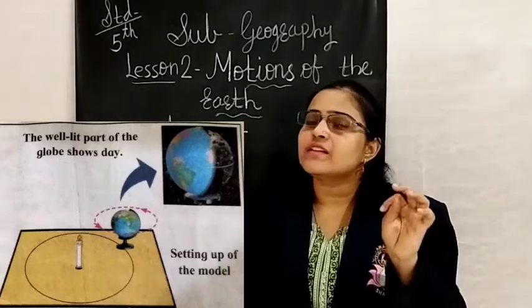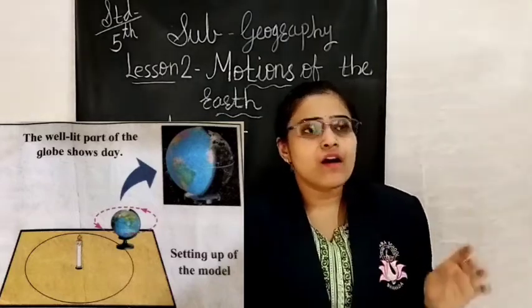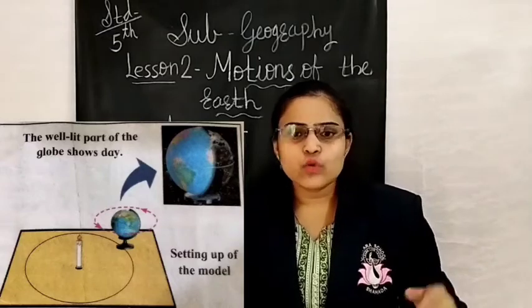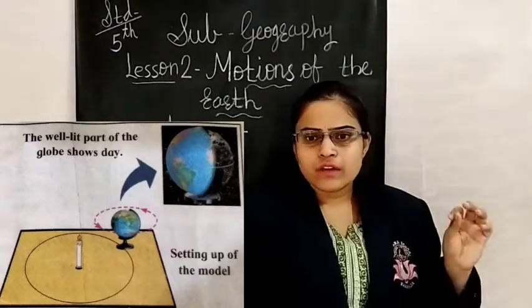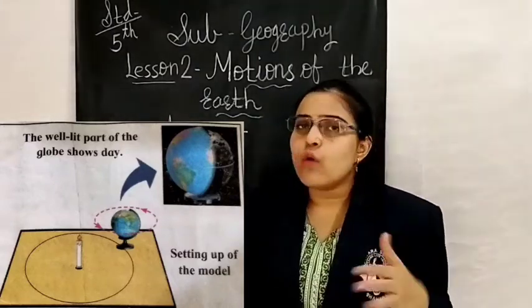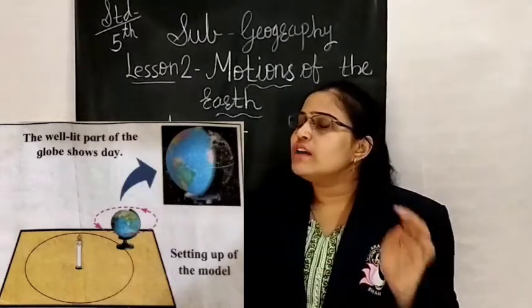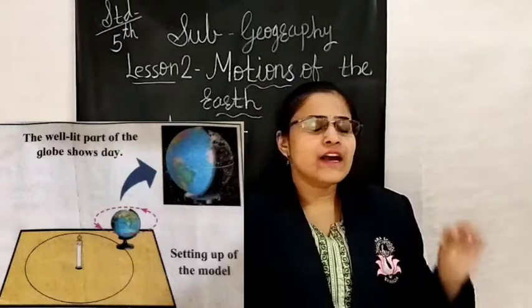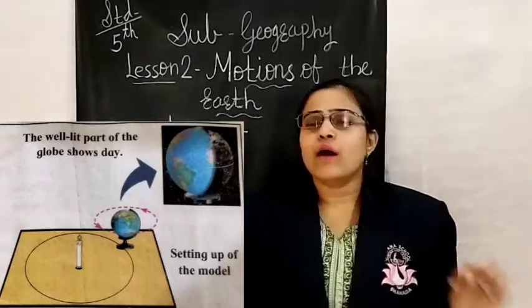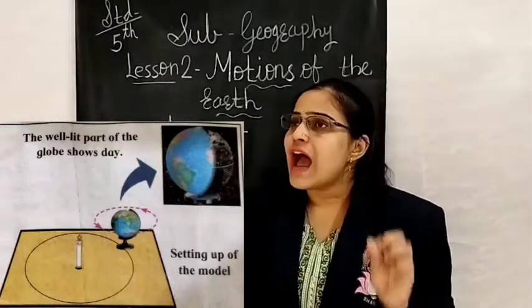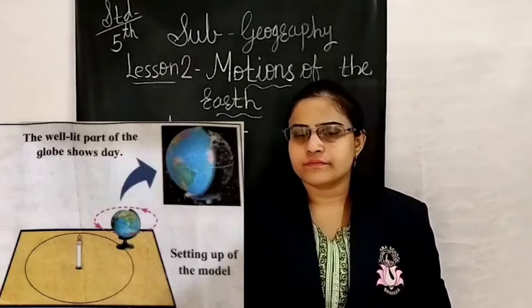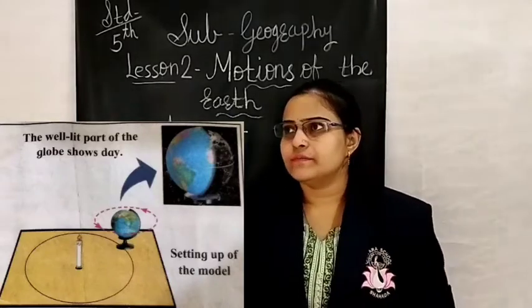The period of time the earth takes to complete one revolution around the sun is called a year. There are about 365 days and 6 hours in 1 year.